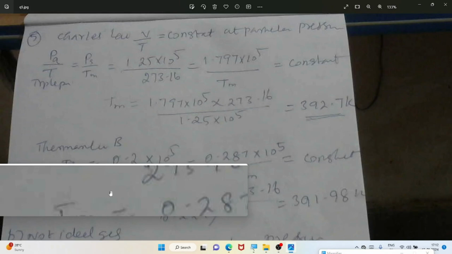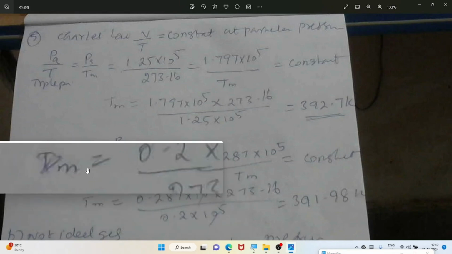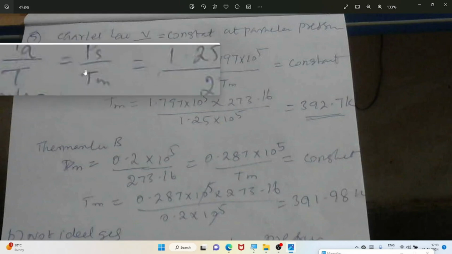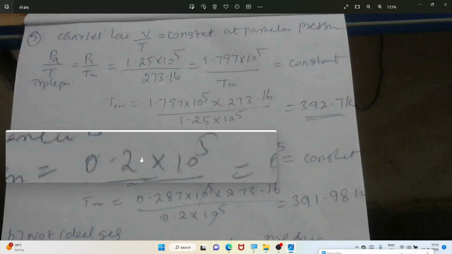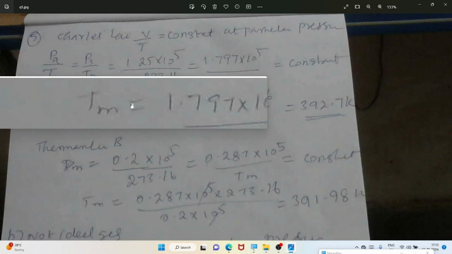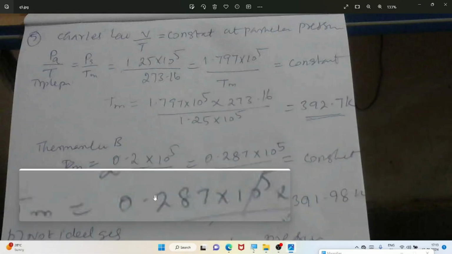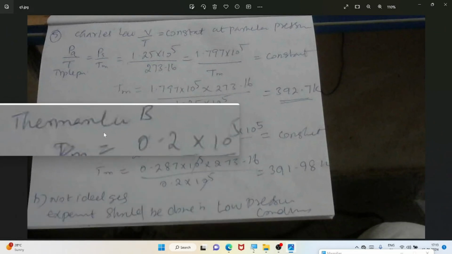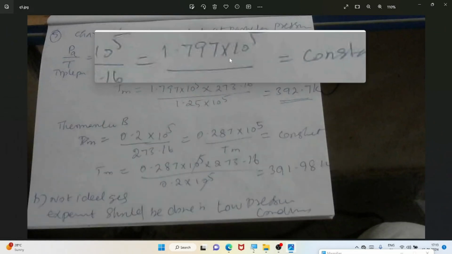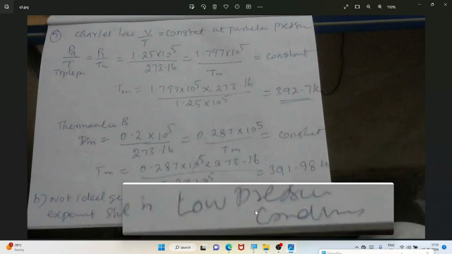So PA, that is the pressure at thermometer 1 divided by the temperature, equals the pressure at thermometer 2 divided by the temperature. For thermometer B, again we use this because this is equal to a constant. Then you will get this temperature value.